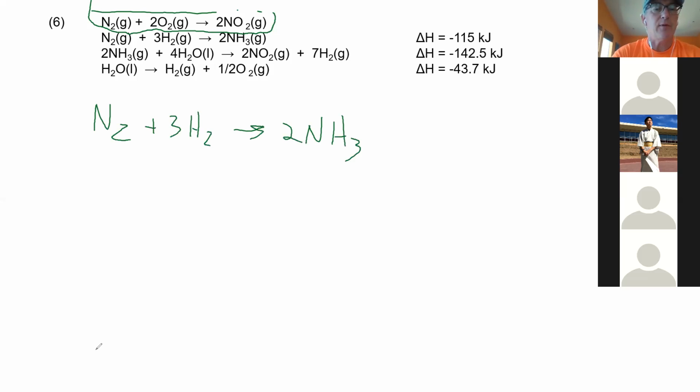So I won't do anything with that one. What about the oxygen? Where's our oxygen going to come from? Our last reaction, it's on the product side, so we could flip that over. It seems like that's the only place we're getting oxygen. So we're going to have to flip that one.